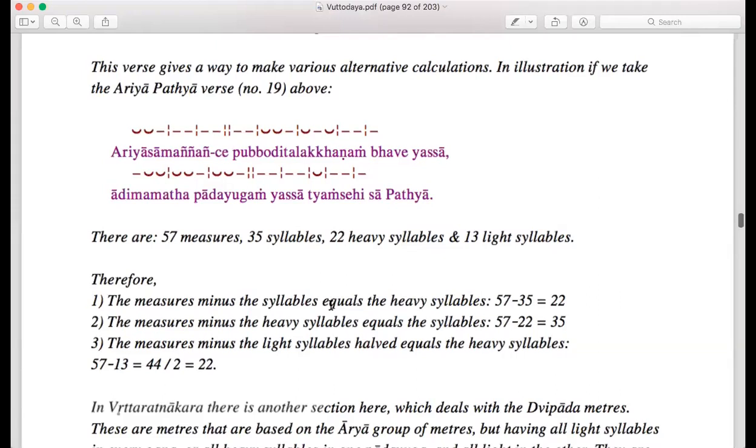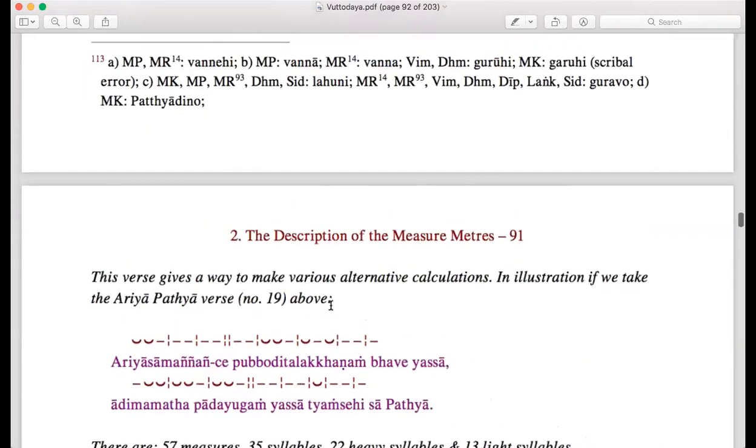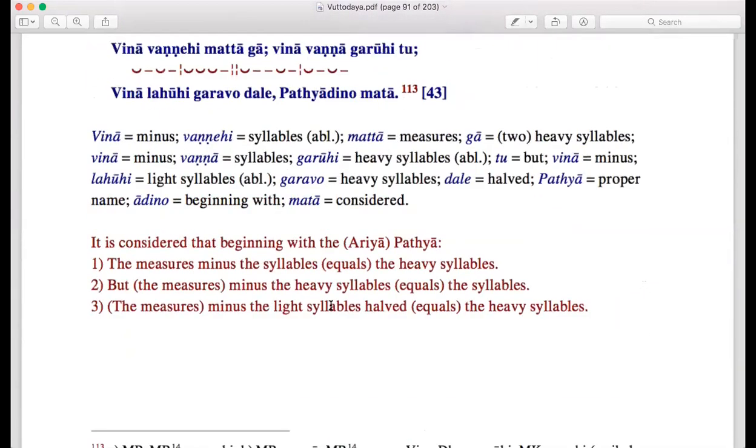It was like, from the number of syllables, I cannot actually remember it. From the number of syllables, you have to subtract the number of lahu syllables, and then you get the number of garu syllables. That was what was mentioned in the Burmese text. So that is not very important, because you have to change this hi to ni. You should take that as the correct form.